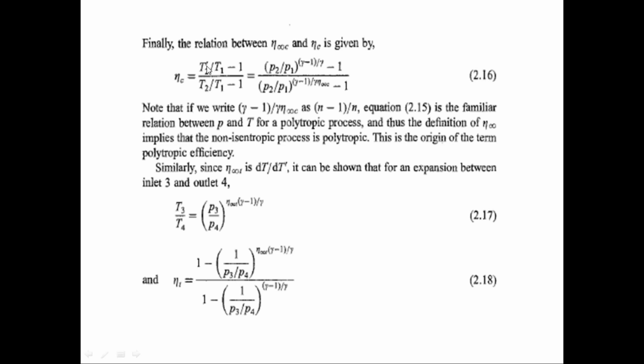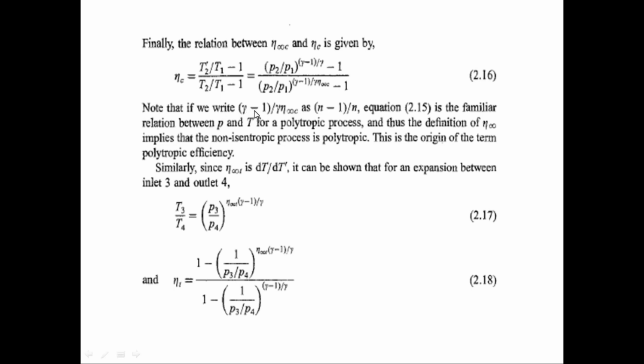So we can replace this temperature ratio in terms of the pressure ratio isentropically, which is P2 by P1 raised to power gamma minus 1 by gamma, minus 1, divided by T2 by T1 replaced as P2 by P1 raised to power gamma minus 1 by gamma times polytropic efficiency, minus 1.